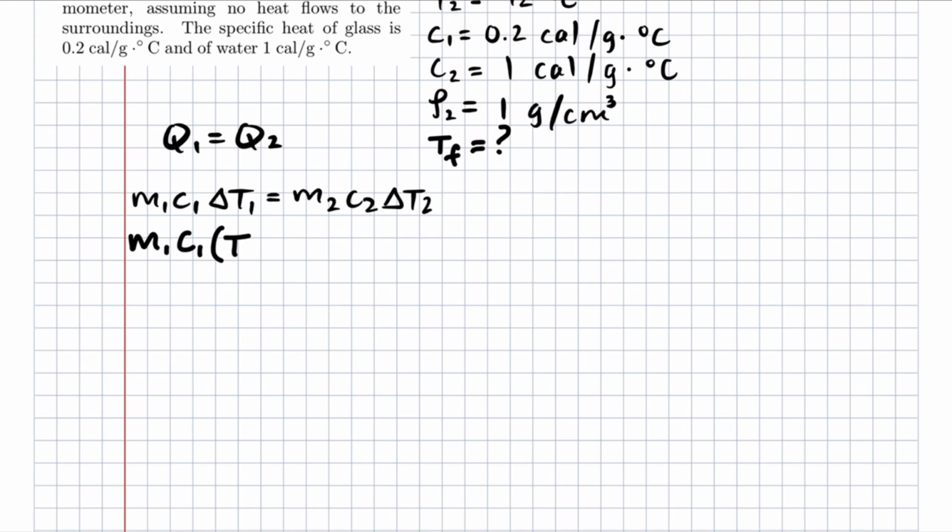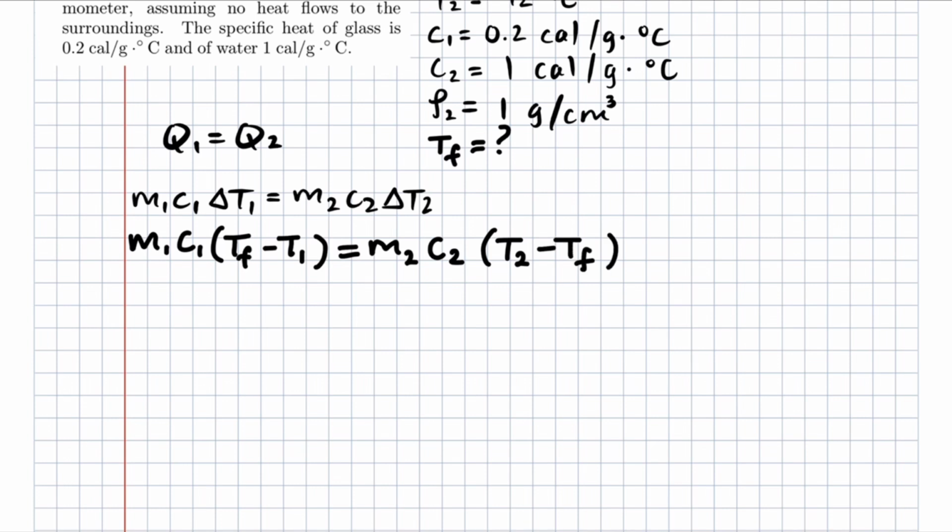So then we'll get temperature final minus temperature of the thermometer. Conversely, for the water, in this case the water will be hotter than the final temperature.